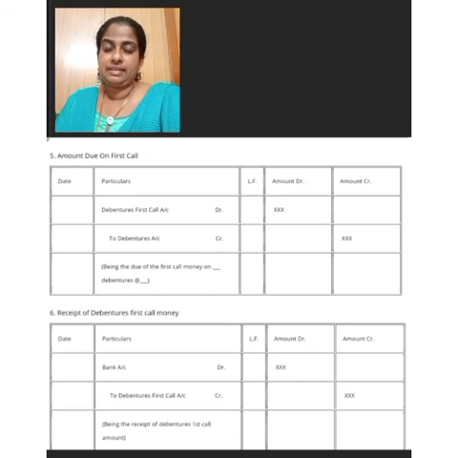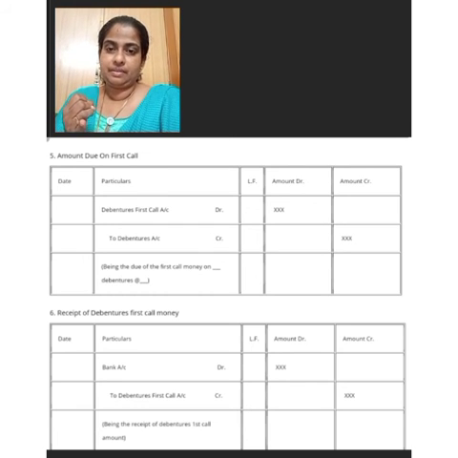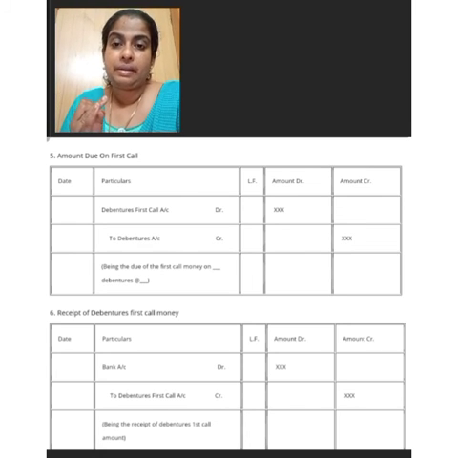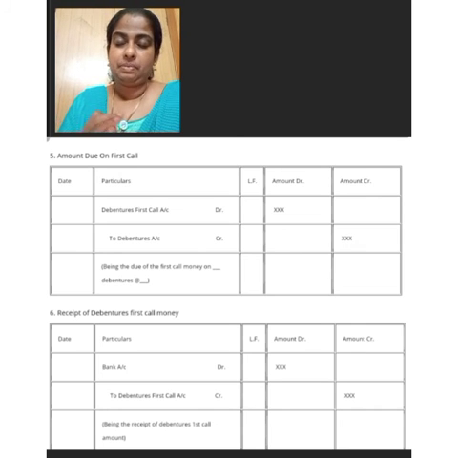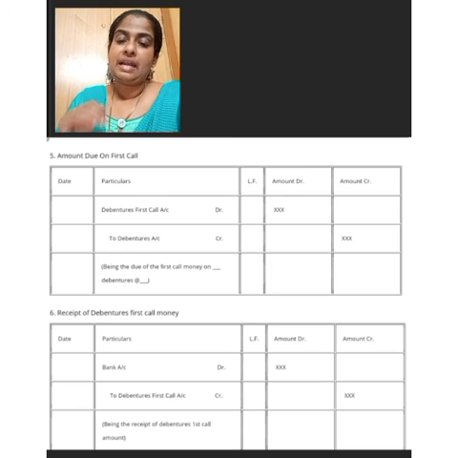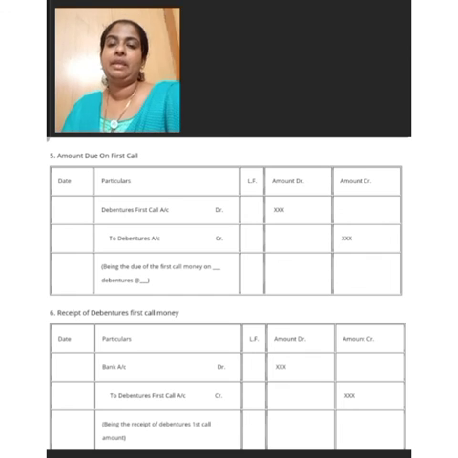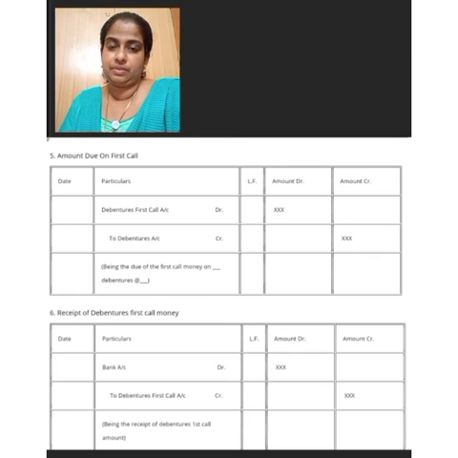At the time of journalizing, first we write the journal entry for application money received. Then the second step is transfer of issued debentures application money to debenture account. Then third step, if there is any excess application money in the hands of the company, adjust that application money with allotment. The entry will be Debenture Application Account debit to Debenture Allotment Account.